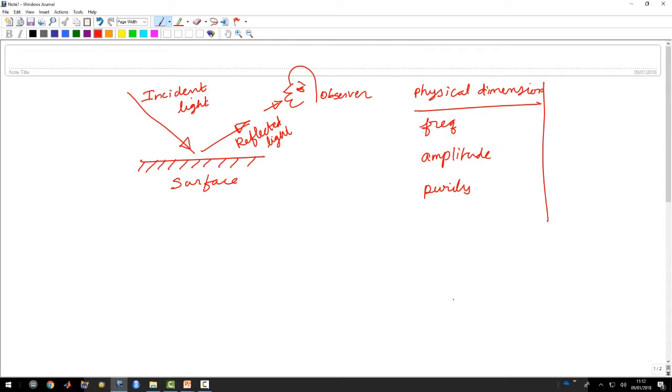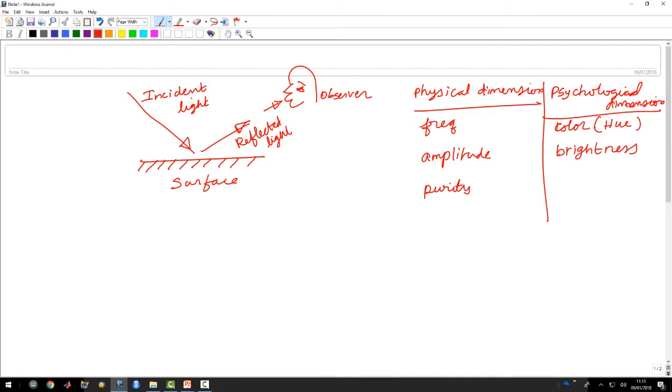Corresponding to these physical dimensions, there are psychological dimensions. So the frequency is what we call color. The technical name for color is hue. The amplitude of the light is perceived as brightness.